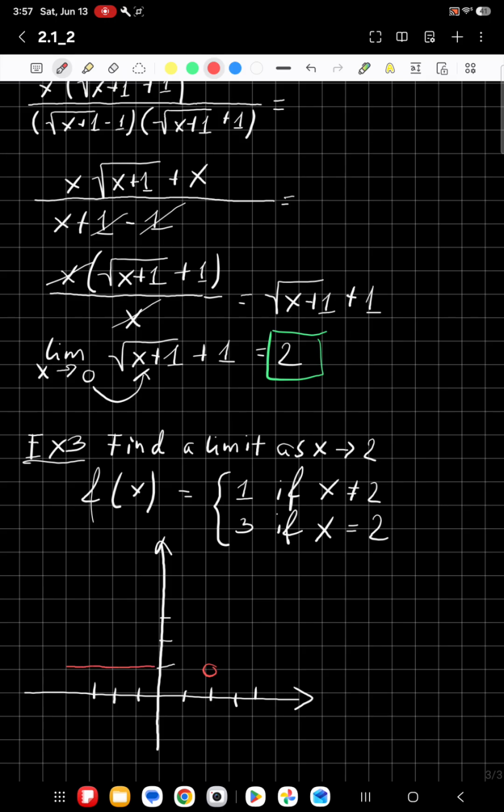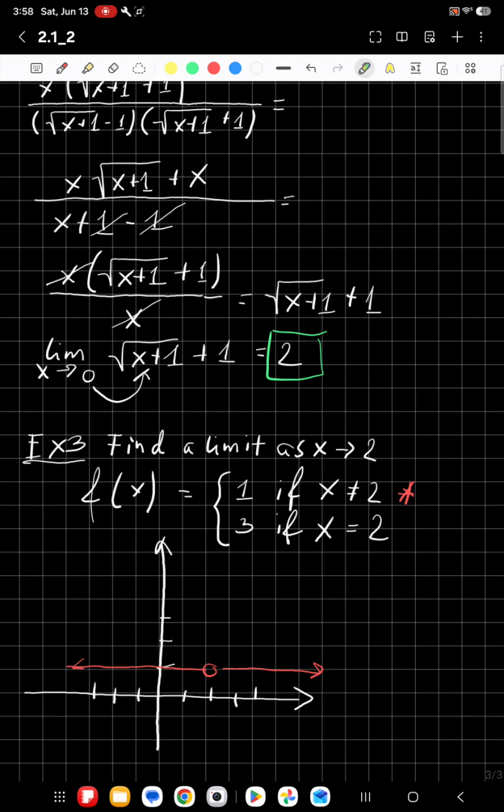So this is the graph of the first function. Basically y equals 1: I have a horizontal line at y equals 1, except when x equals 2.